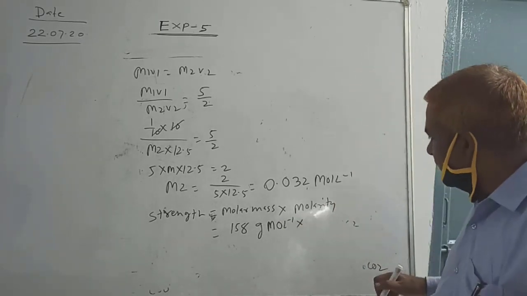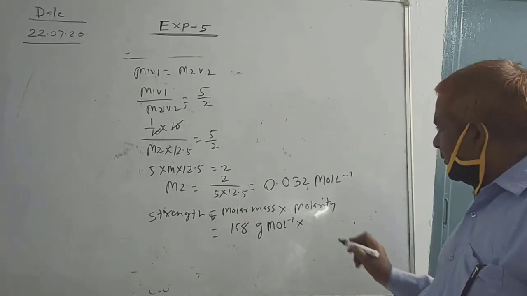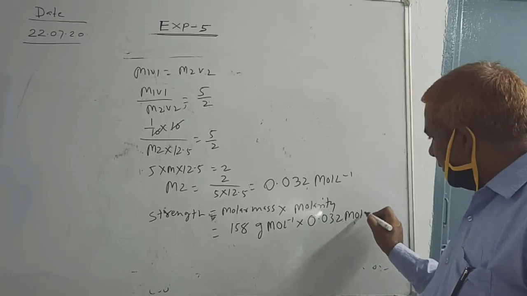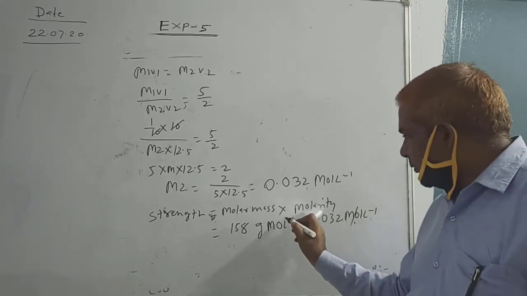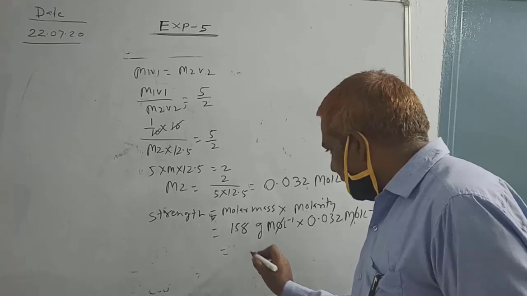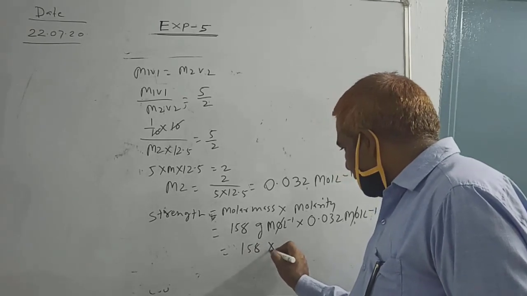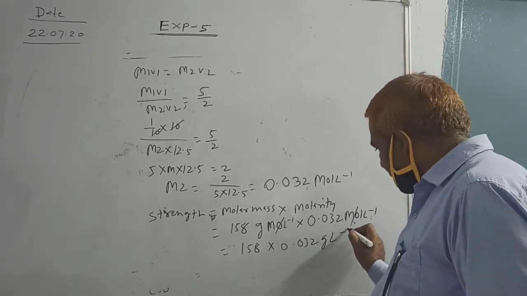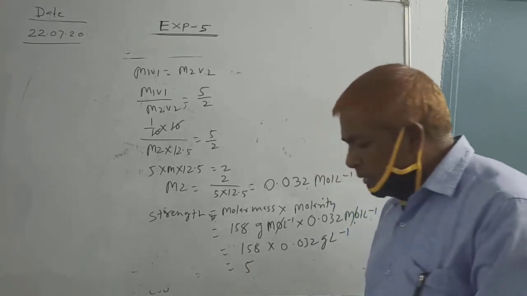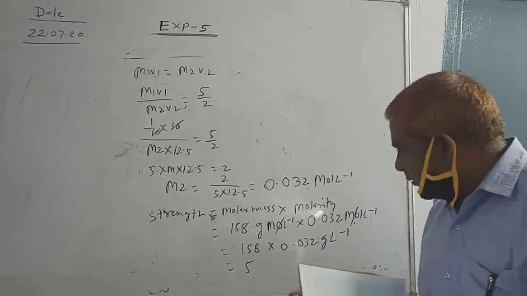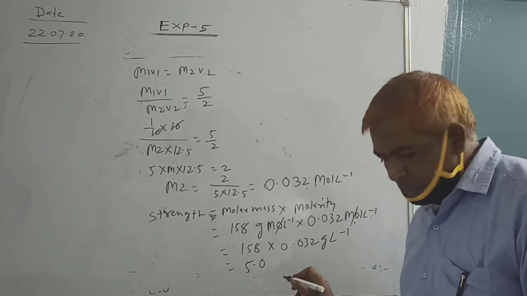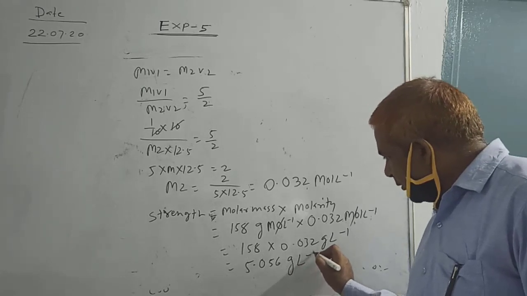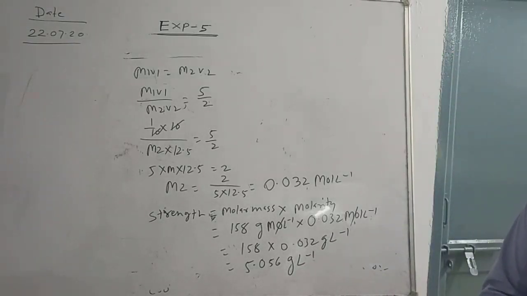Molarity equal to 0.032 mole per liter. This one cancels. After multiplying, 158 into 0.032 gram per liter, it becomes 5.056 gram per liter. So this is the overall calculation of experiment number 5.